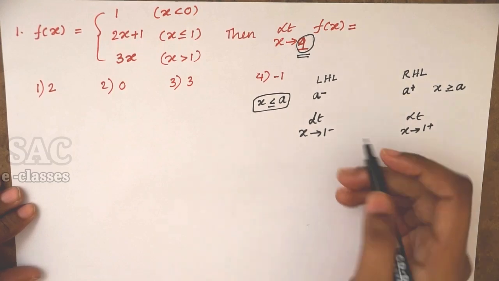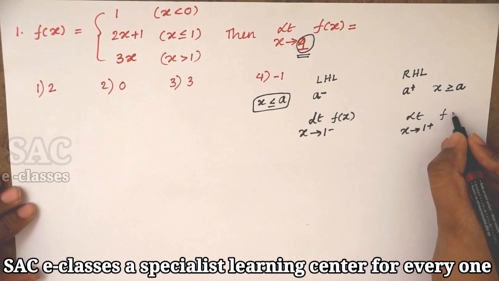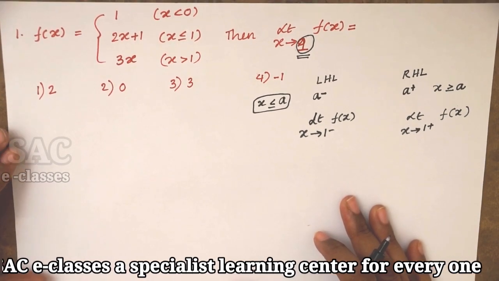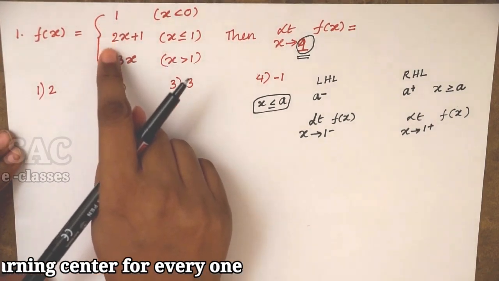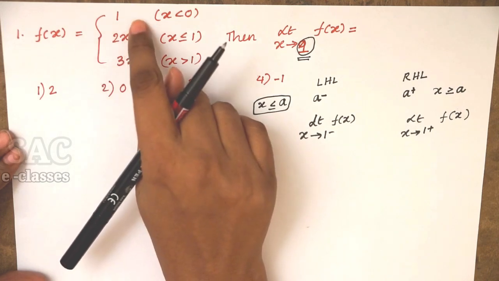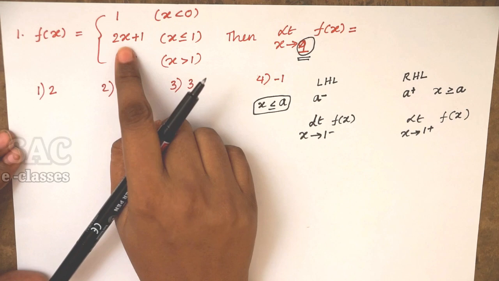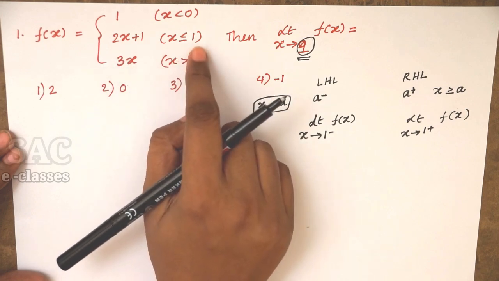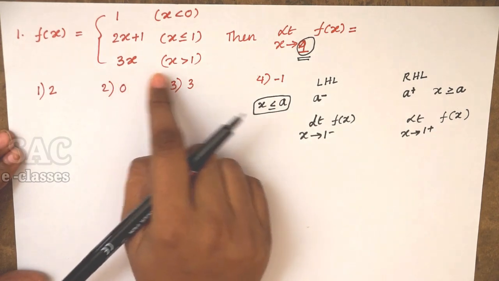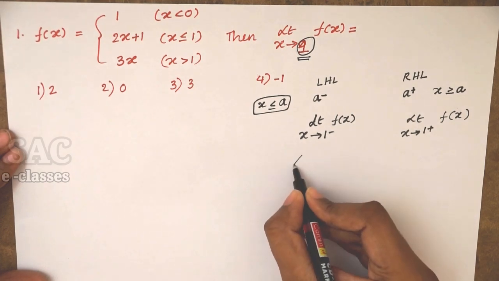In what way should we write it? First, identify the given function. There are three pieces: f of x is 1 whenever x is less than 0; f of x equals 2x plus 1 when x is greater than or equal to 0 and less than or equal to 1; f of x is 3x whenever x is greater than 1. So what am I supposed to write?